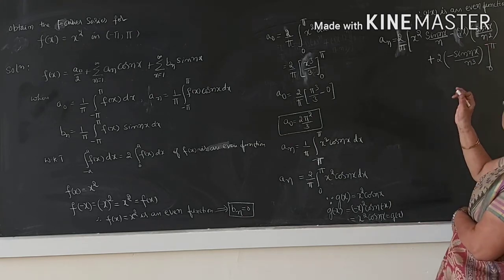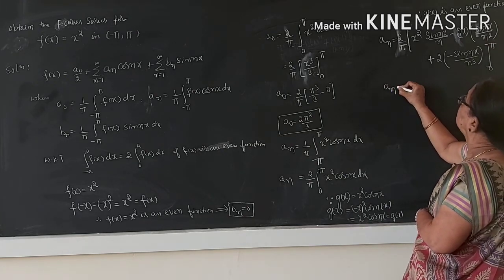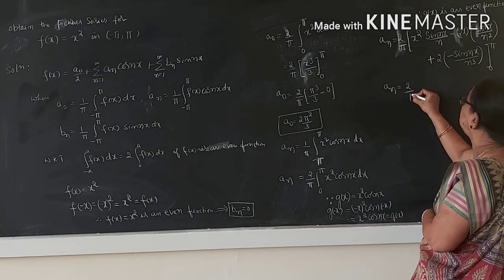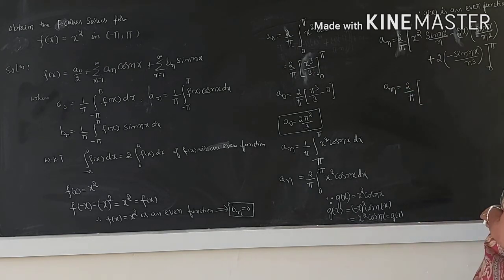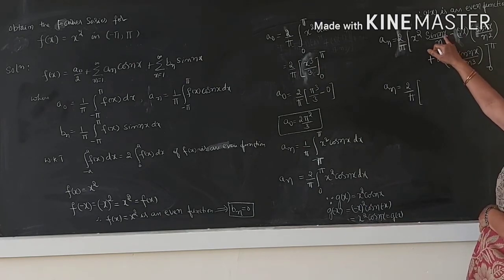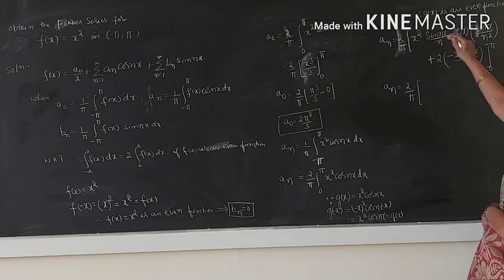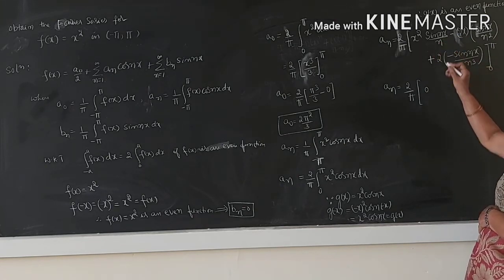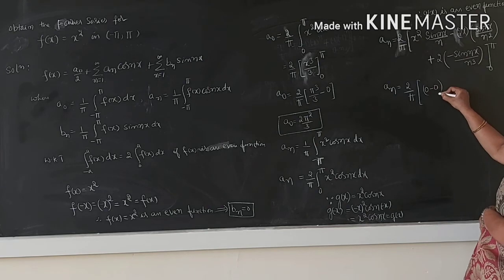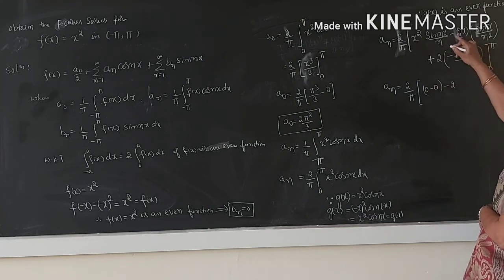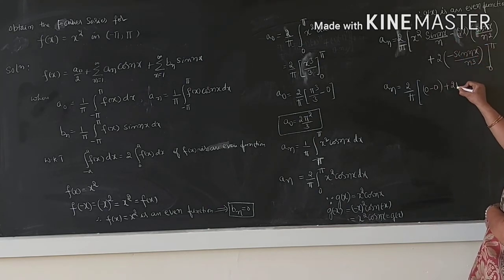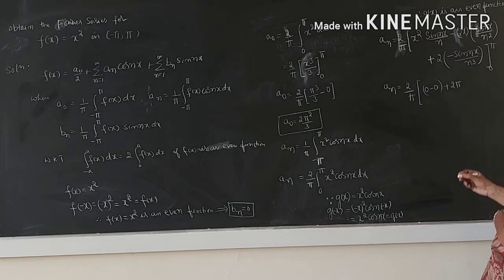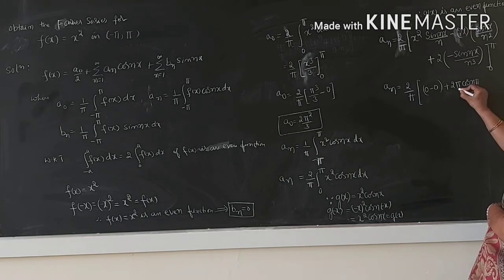If I am substituting the value of x is equal to pi, that is the upper limit in this, we will get, you observe this will become sin n pi into pi square. Sin n pi value is 0, therefore it is 0. If I am applying the lower limit for this term, it is again 0. Minus 2 pi, minus into minus is plus 2 pi into cos n pi divided by n square.